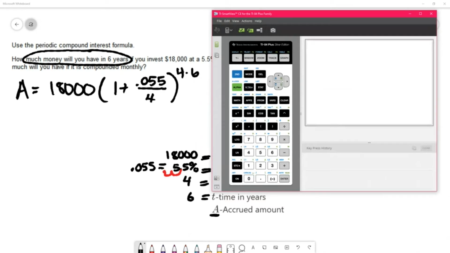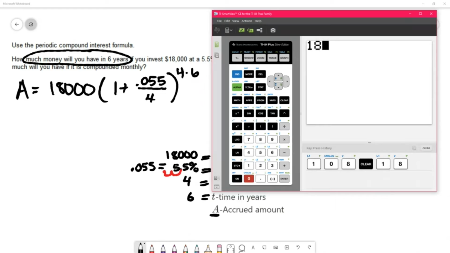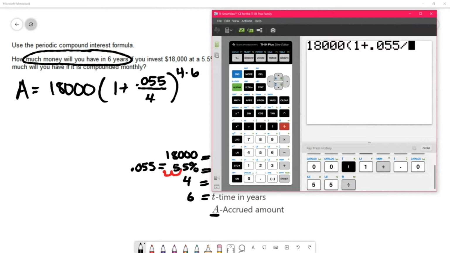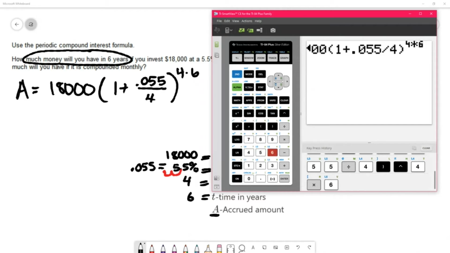We're going to type our values into the calculator. This particular calculator will allow you to type the entire expression. We have 18,000 times (1 plus 0.055 over 4) raised to the 4 times 6 power.